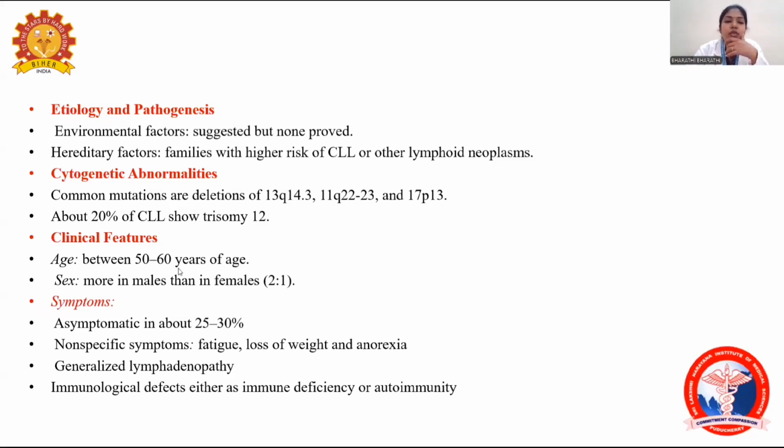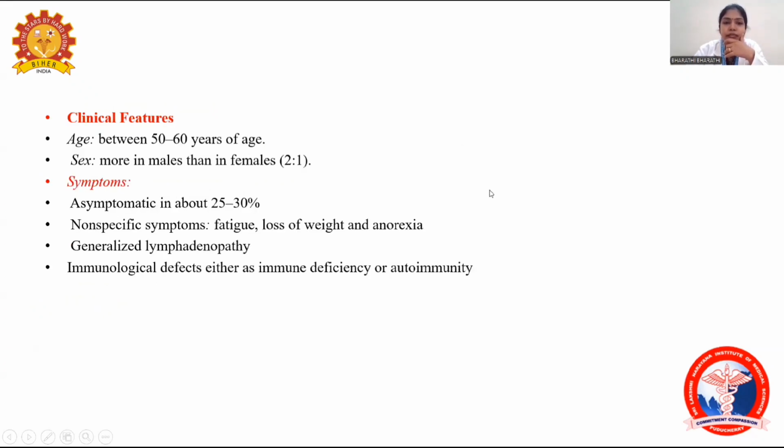The most common age group is between 50 to 60 years of age. It is more common in males than in females. The patient usually presents with non-specific symptoms like fatigue, loss of weight, and anorexia. Generalized lymphadenopathy will be seen.